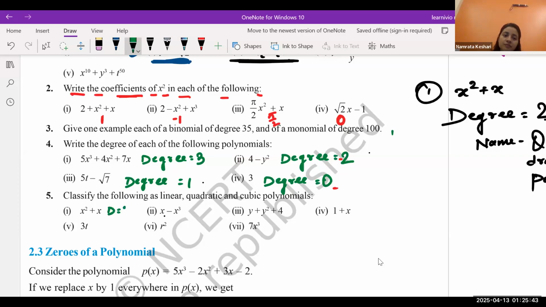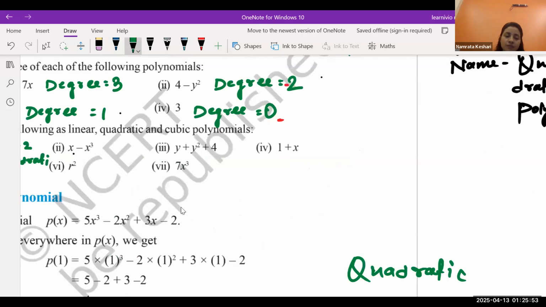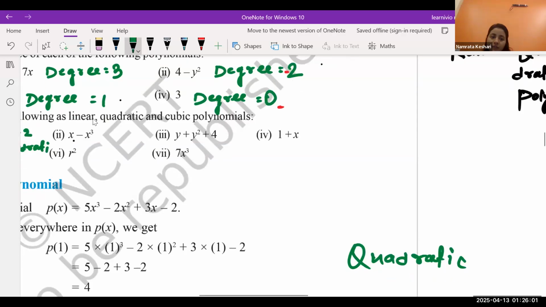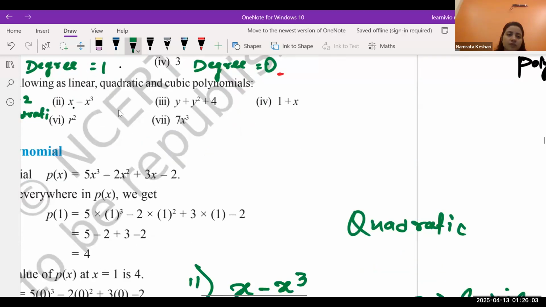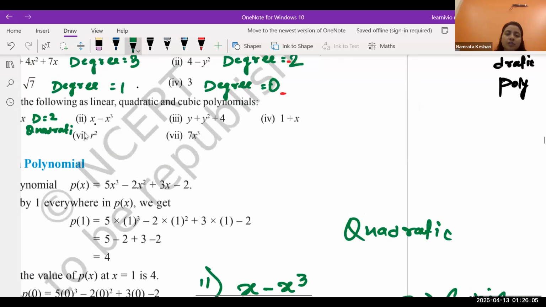Quadratic polynomial. Perfect. Next one, what is the degree over here? 3. And the name is cubic polynomial. Cubic, right? Because cubic you don't even have to memorize.